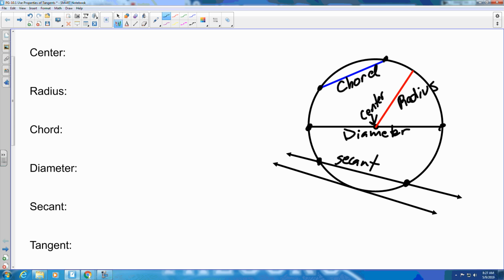And then the final one is tangent. This is our tangent line, and by definition, a tangent is a line in the plane of a circle that intersects the circle at exactly 1 point. So we're going to say that it touches the circle at one exact point, and that makes a tangent.